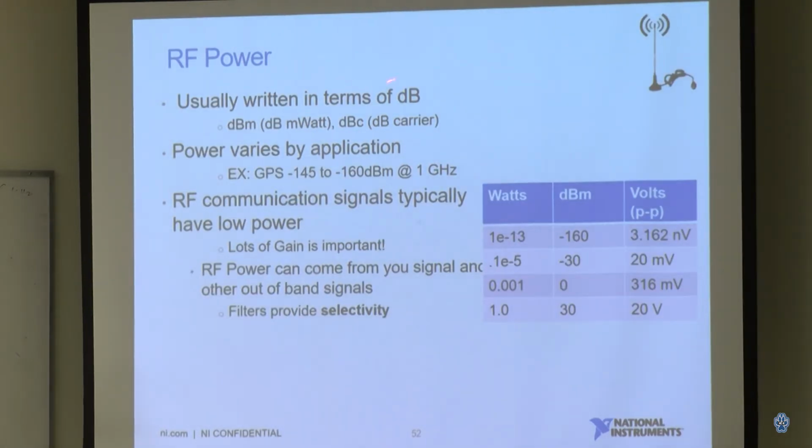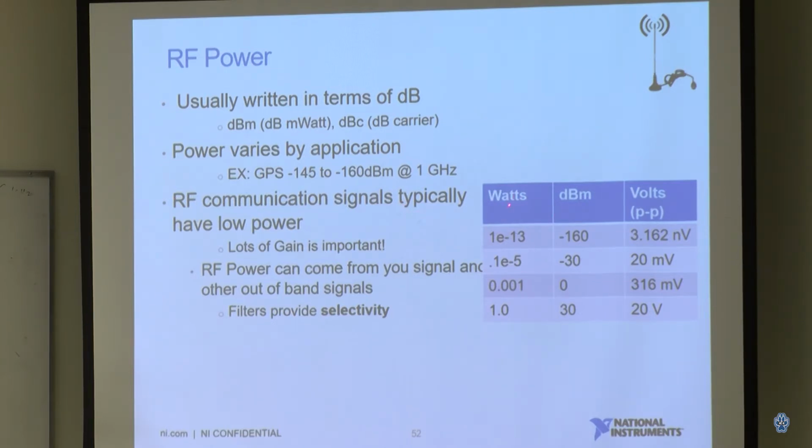So in RF power, there are different terms. Some people call it watt, and some people call it dBm, and some people call it dBc. There's multiple terminology, and some people call it peak to peak. But they represent the same thing, right?